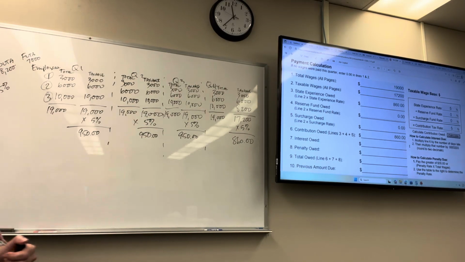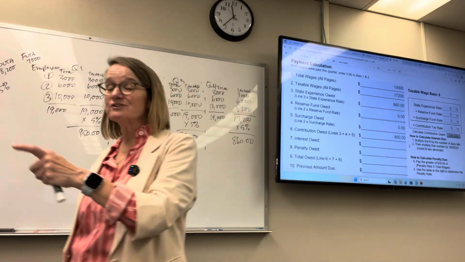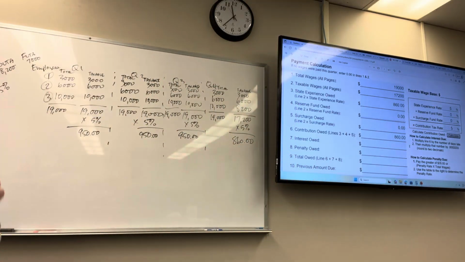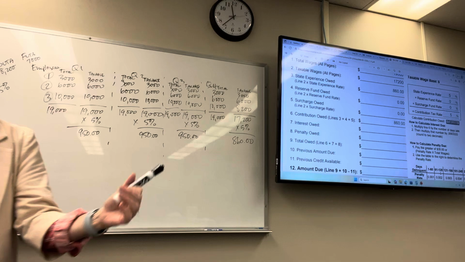If we were late in paying, which we don't want to be because that's also going to affect our FUTA rate, right? We may lose some of our credit if we do that, but let's just say that we were late. We can calculate, and actually they've got a little calculate function here. Maybe not. I don't know what that's for. It doesn't do anything. So if we have interest due, let's just say we paid it 5 days late.